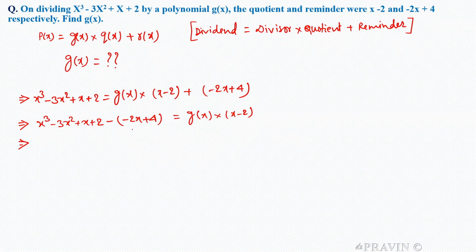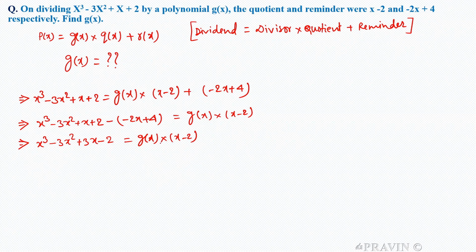And when you solve this left hand side, you will get x cube minus minus will become plus, and 2x plus x will be 3x, but before that you have a term 3x square, and here you have 3x, and minus plus will become minus 4, and minus 4 plus 2 will give you minus 2, and here you will have gx into x minus 2.